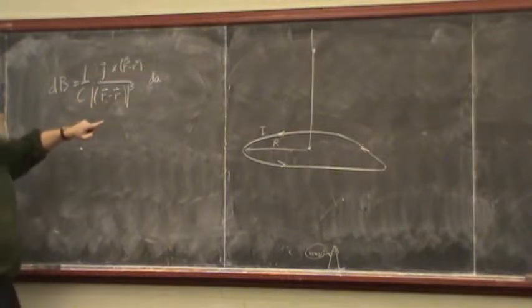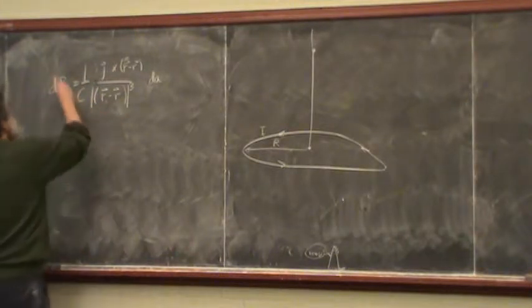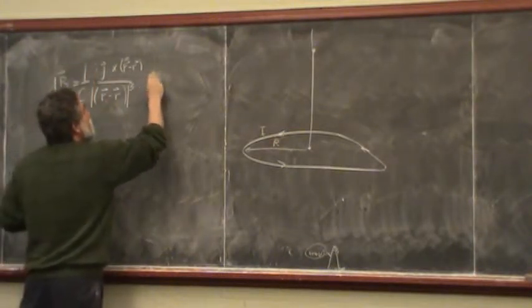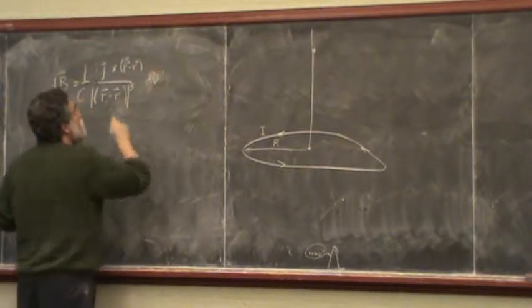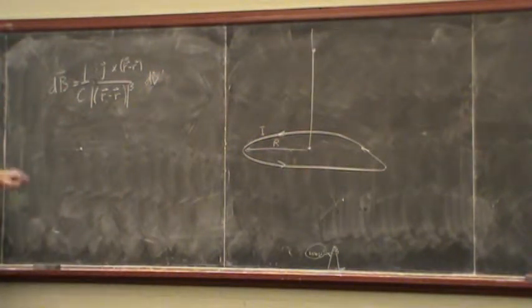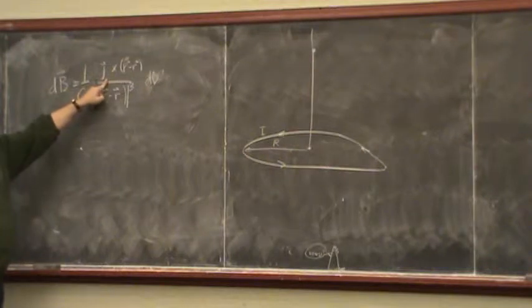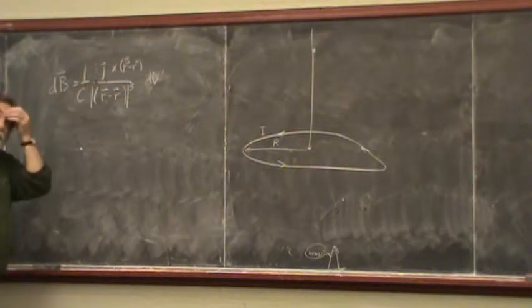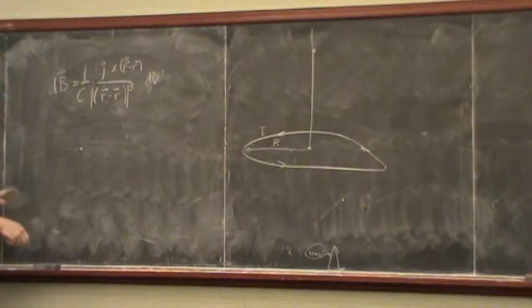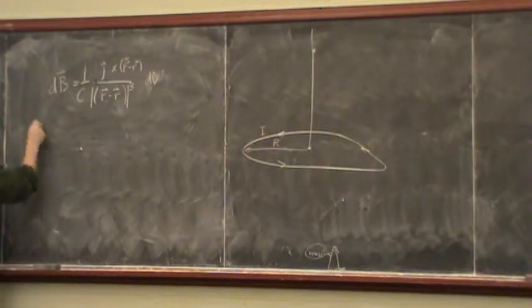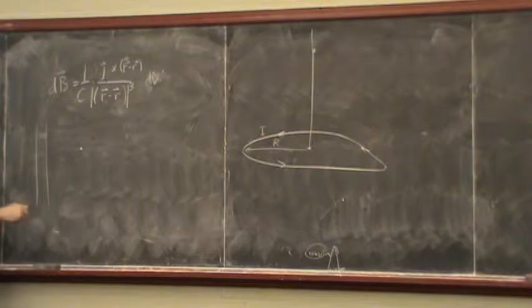Actually, there is a dV over here, all right? And I've got a current density again. I'm going to take my wire to be infinitesimally thick, and I'm just going to go ahead and do the integral.